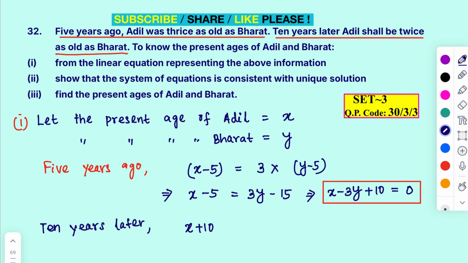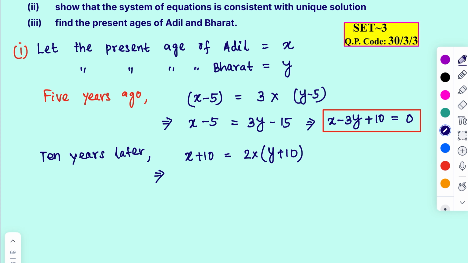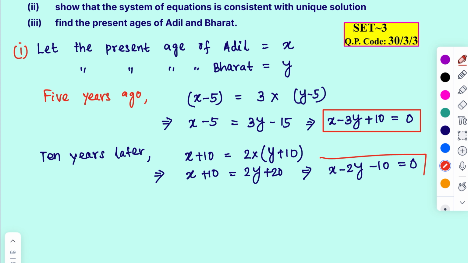Similarly, the age of Bharat will be y plus 10, and Adil shall be twice as old as Bharat. That means 2 times as old as Bharat, 2 into y plus 10. Or we can write this as x plus 10 is equal to 2y plus 20, or this implies that x minus 2y minus 10 is equal to 0.